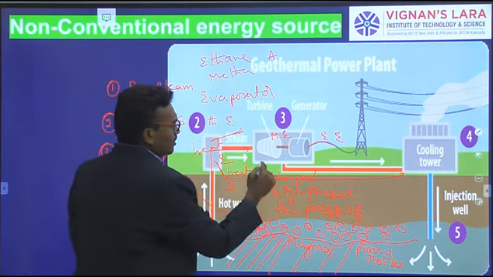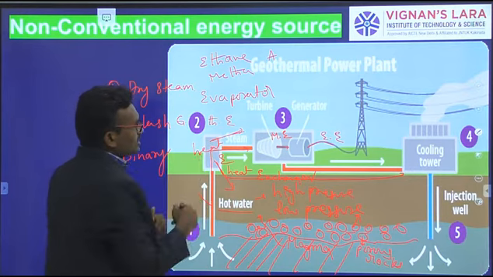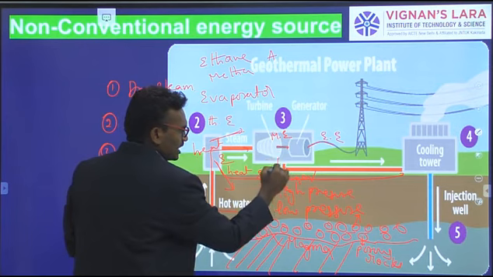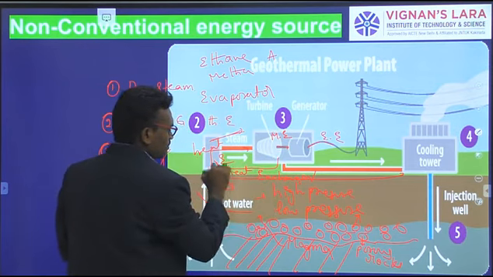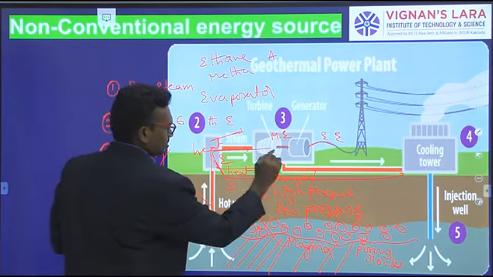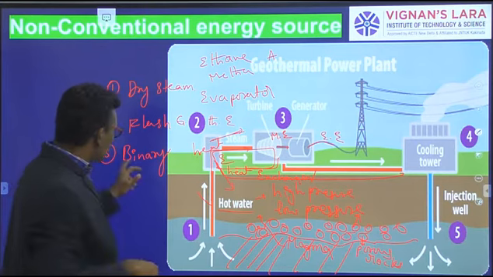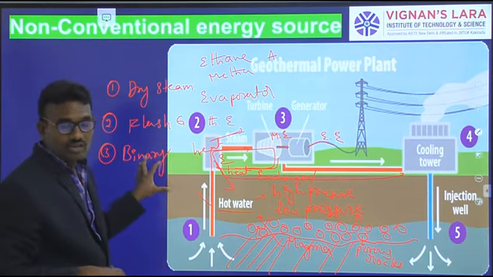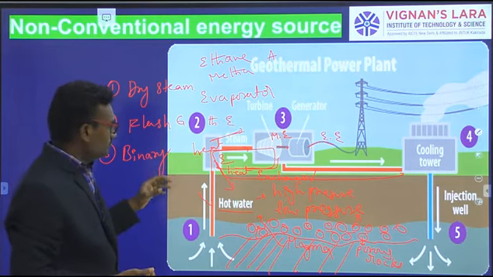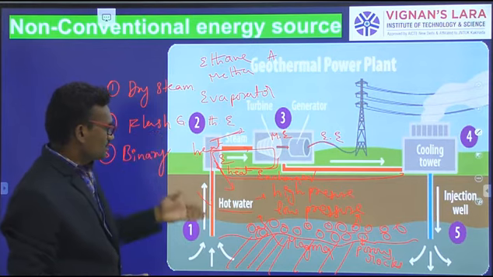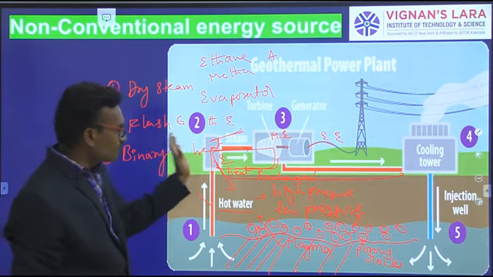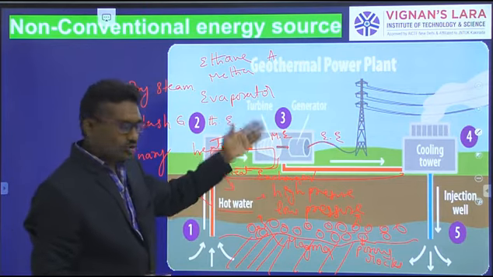After rotation of the turbines, the secondary fluid that has lost its energy is passed into the same evaporator. It is a cycle process in the binary geothermal power plant, where you use a second fluid. In the first and second processes, the high pressure hot water or the dry steam is passed into turbines and the turbines are rotated.